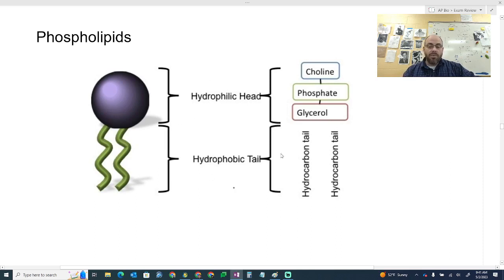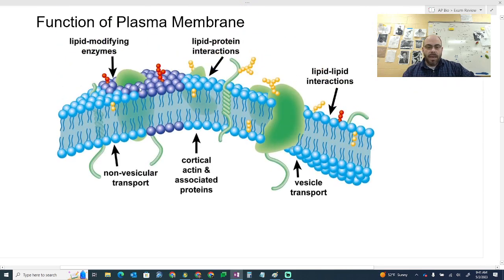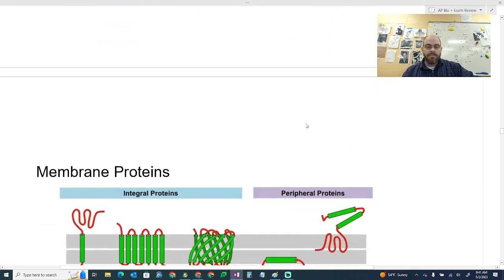And the hydrophobic tail, which is just two fatty acid chains, is extremely hydrophobic, and they do not like water. And so when you put a bunch of these phospholipids together, they're going to organize themselves so that the heads are facing toward the water, either outside or inside the cell, and the tails are facing each other because they don't like water. And this makes this nice little boundary between the cell and the world around it.